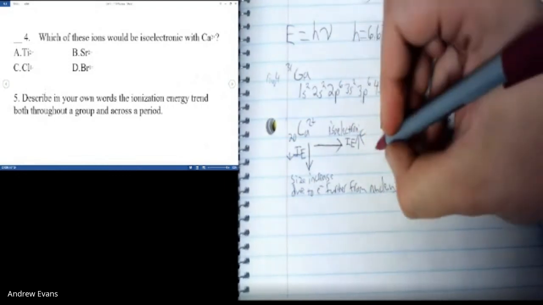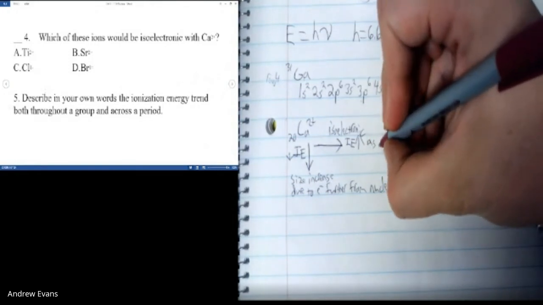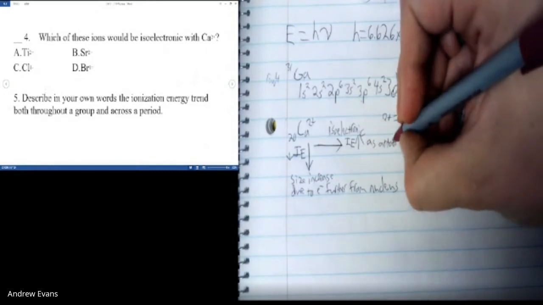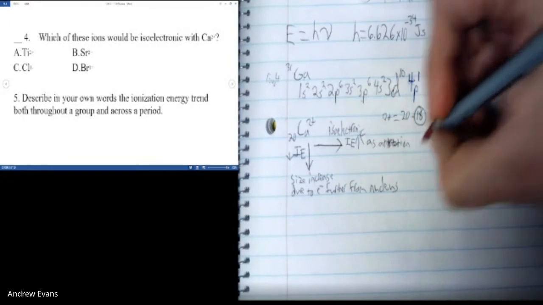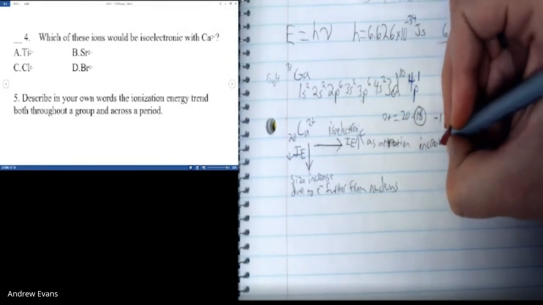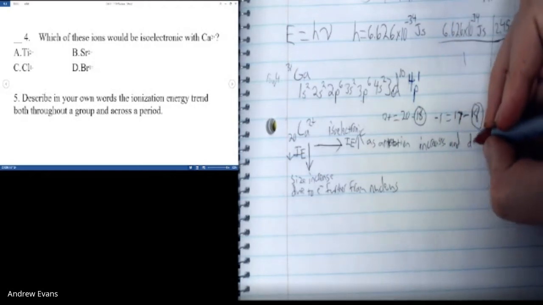Ionization energy increases as attraction increases and distance from the nucleus decreases.